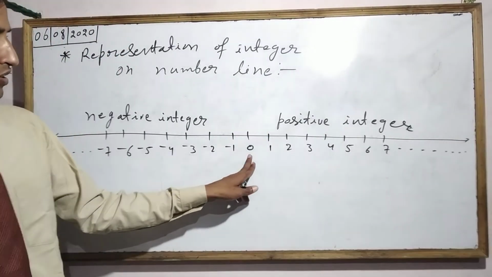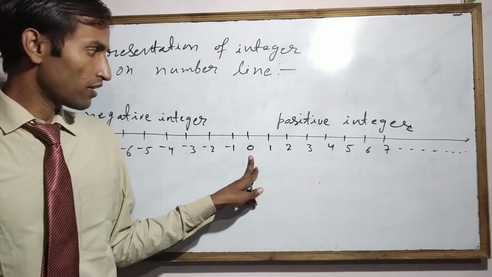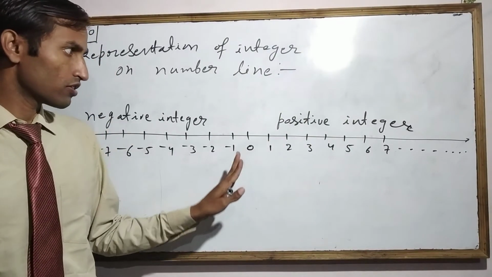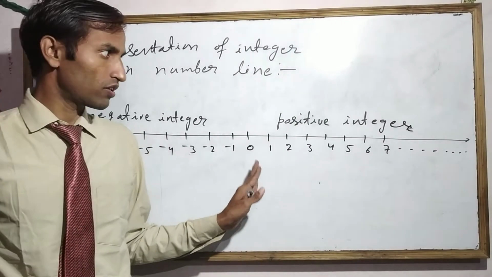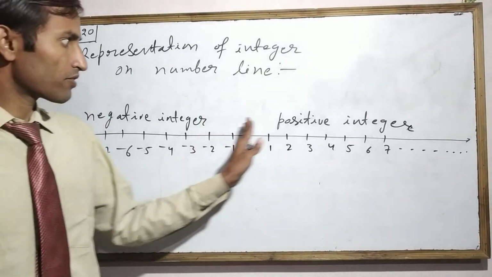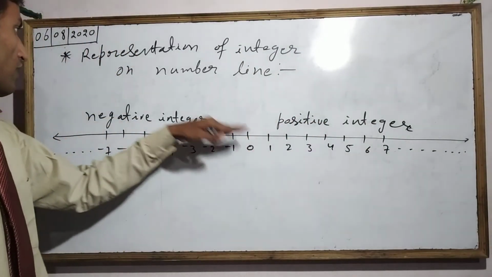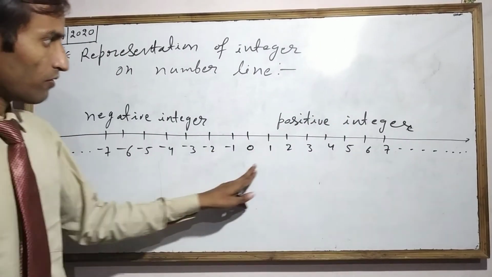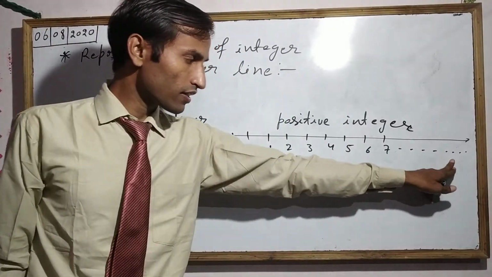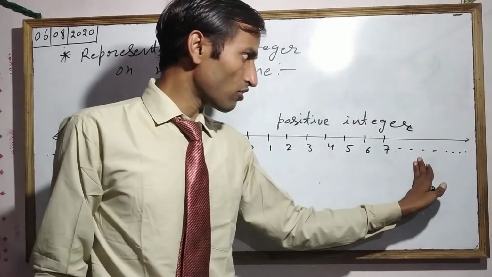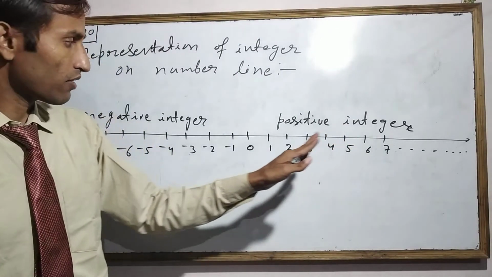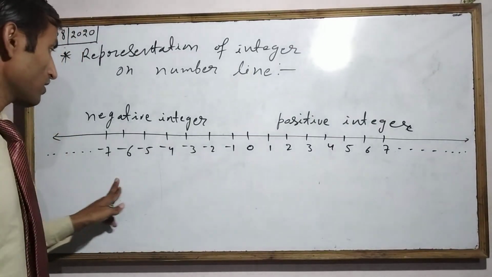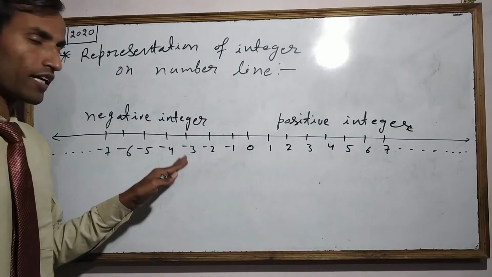It doesn't have any sign, neither positive nor negative, we just write 0 only. Okay. So the right side is positive integers and the left side is negative integers, which means all values on this side will come as positive, and if you take this side, then all are negative integers.